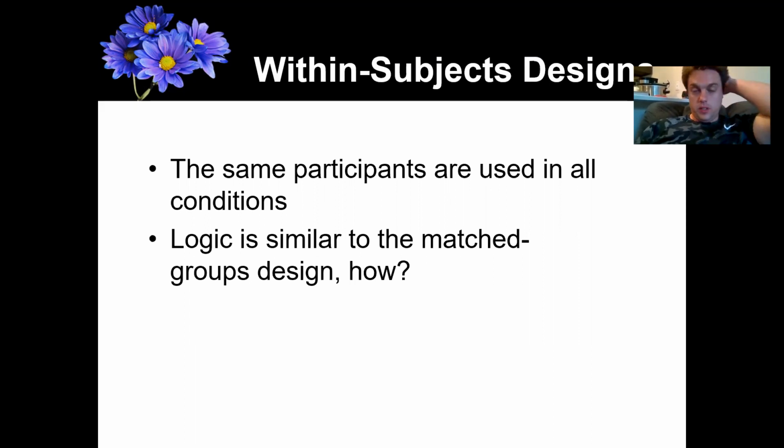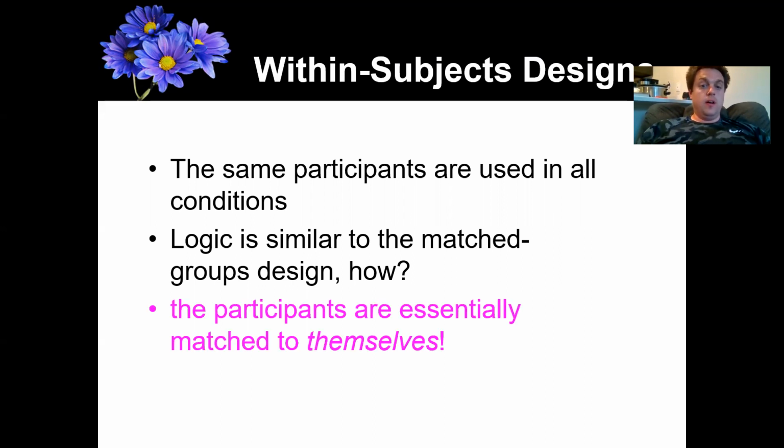So the logic here is actually similar to a matched groups design, only rather than trying to actually match people up based on a pre-measured attribute or extraneous variable, participants are really just matching themselves.